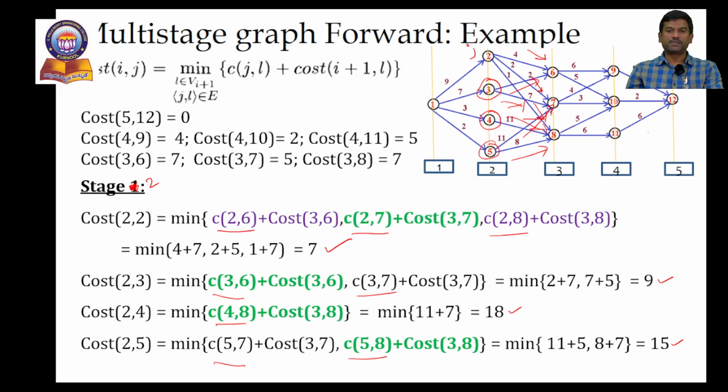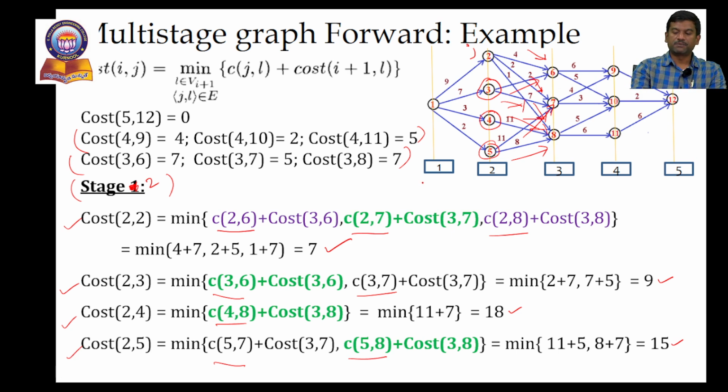So at stage 2, we have started from stage 5 and identified the minimum cost of all the various kinds of costs that are associated. So at stage 4 we have computed the cost, and at stage 3 we have computed the cost, and at stage 2 we have computed cost of 2, 2, 2, 3, 2, 4, and as well as 2, 5.